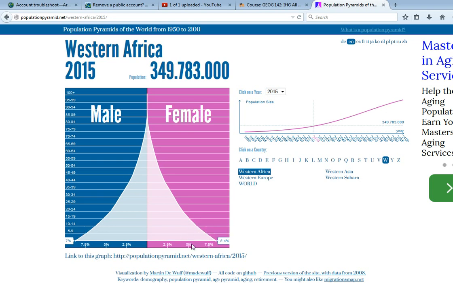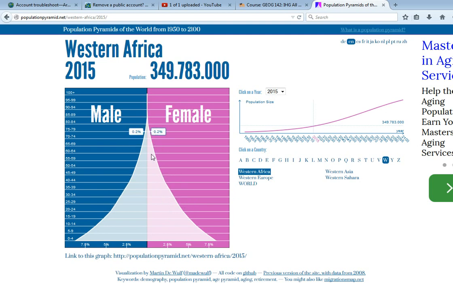You do see, I can't read that, whether it's more women or men. At some point, women start to outlive men. Here we are, that's still pretty even. I wonder if it's around, yeah.